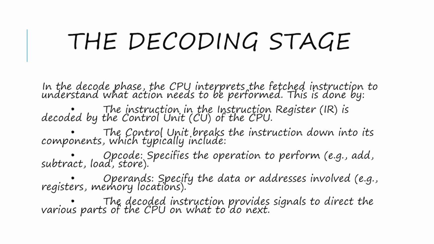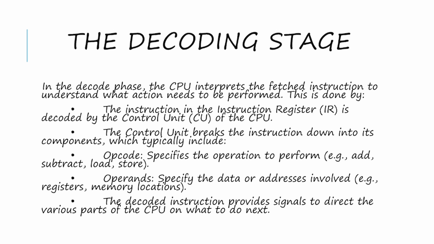The decoding stage. In this phase, the CPU interprets the fetched instruction to understand what action needs to be performed. This is done as follows. First, the instruction in the instruction register is decoded by the control unit of the CPU.